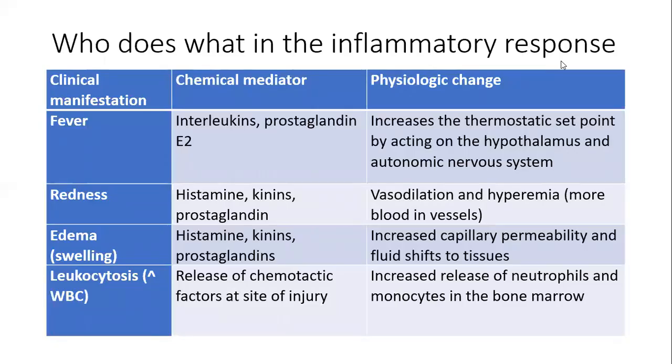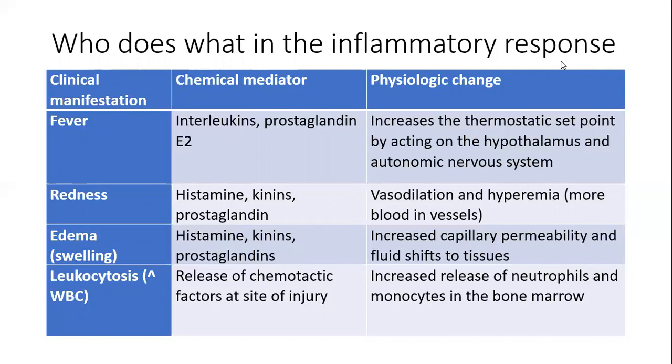So this is kind of a big picture look at who does what in the inflammatory response. These different chemical mediators that cause a fever are interleukins, prostaglandin E2. And what they do is they change the thermostatic set point by acting on the hypothalamus and the autonomic nervous system.